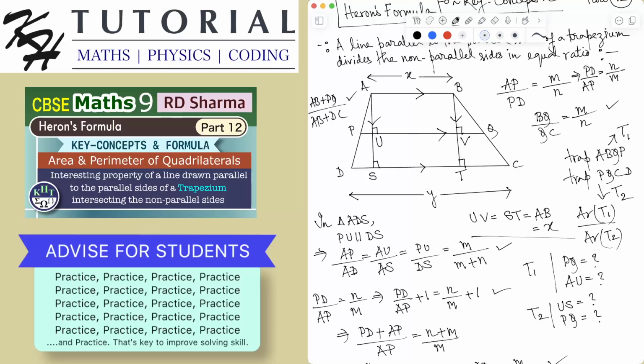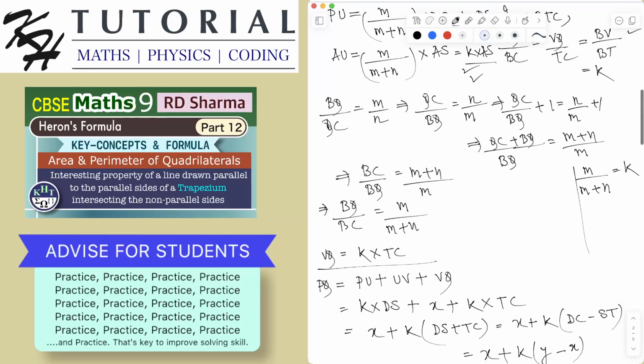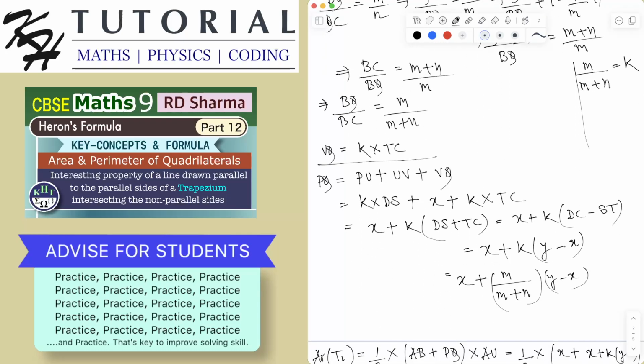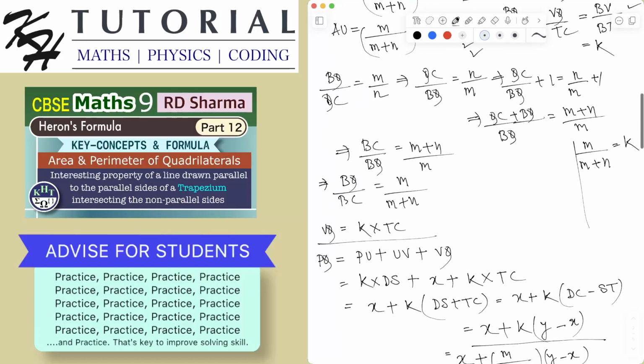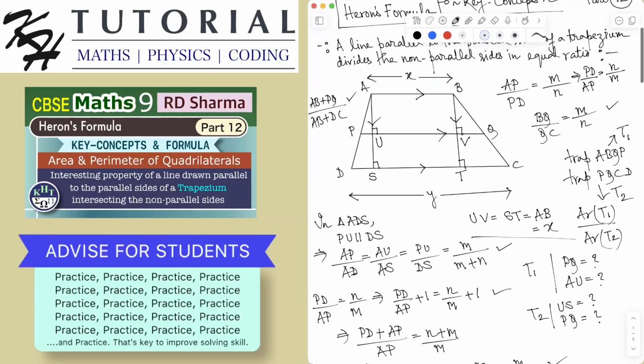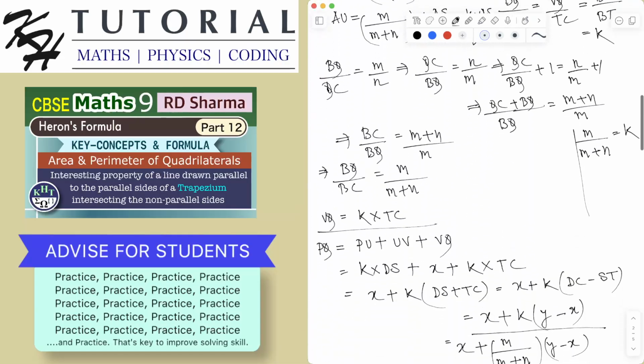We got PQ as x plus k into y minus x. And AB is x.